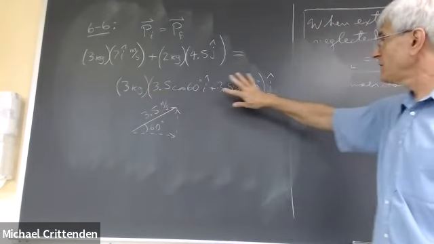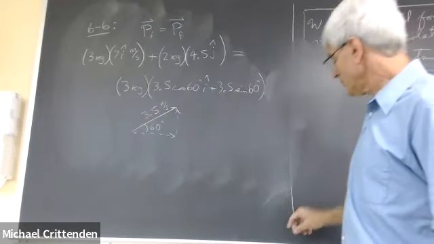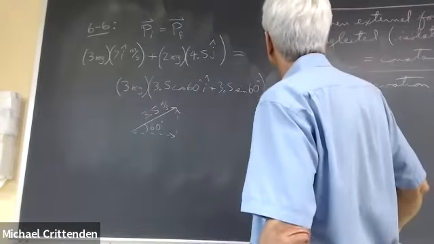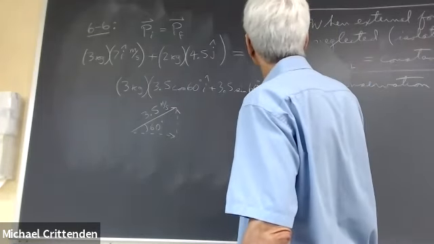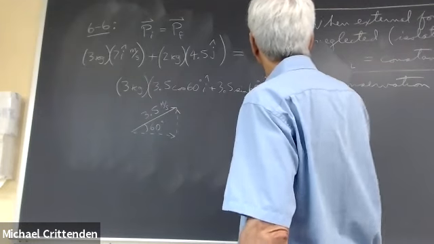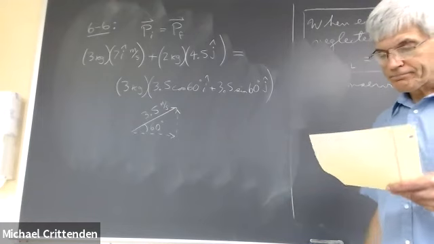So mass times the velocity vector, that's, oops, wait a minute, wrote that in the wrong place. That doesn't belong outside the parenthesis, that's just multiplied by the y component. There, that looks a little better.